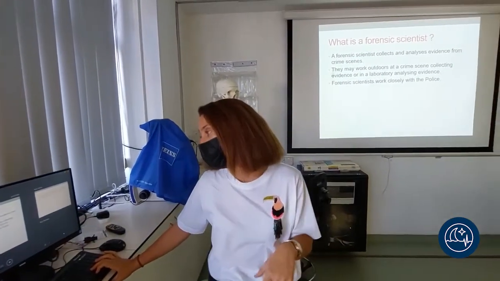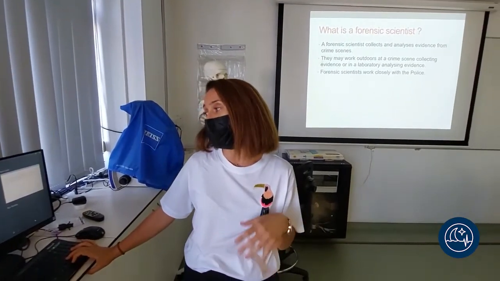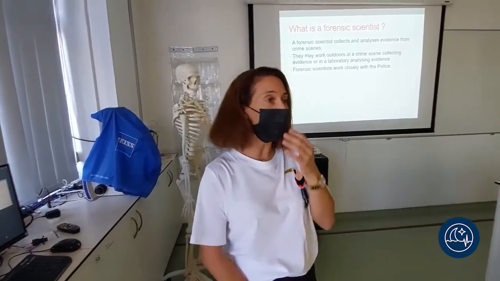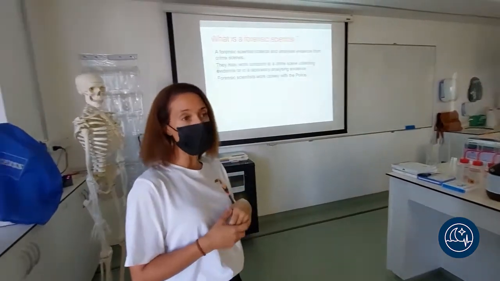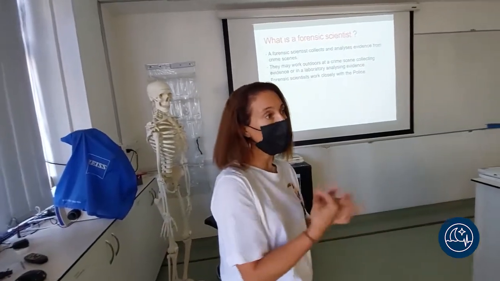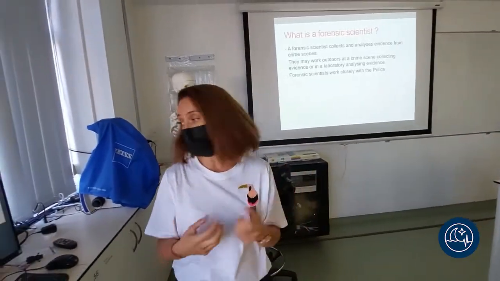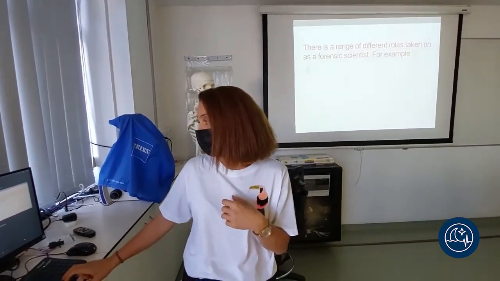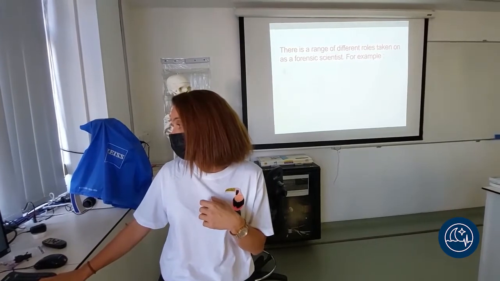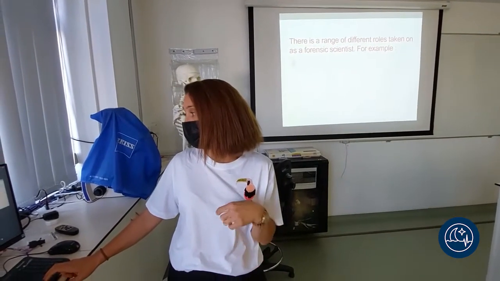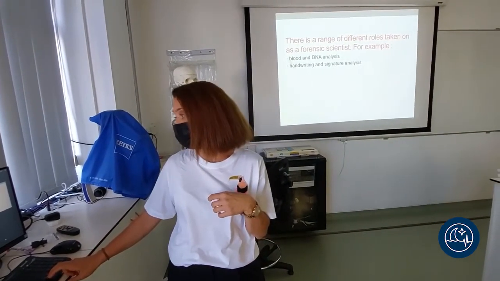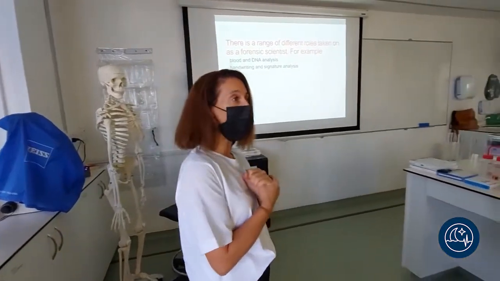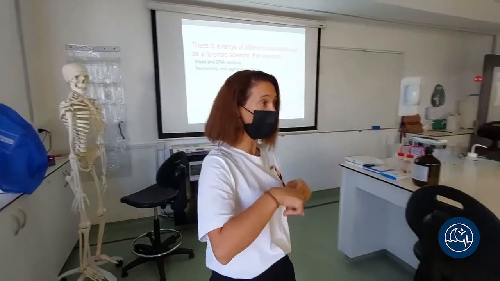So a forensic scientist may work outdoors or in a lab. And if they work in a lab, they're going to be using lots of techniques to analyze the substances brought in by the other forensic scientists who work outdoors. And there's a range of different roles taken up by forensic scientists, and you guys have said almost everything. You didn't say anything about handwriting, which is actually a big science.